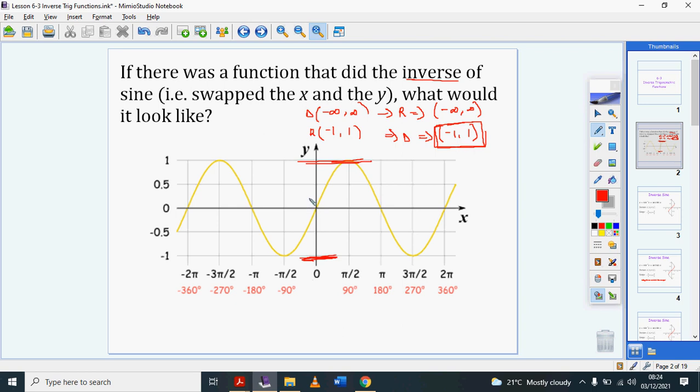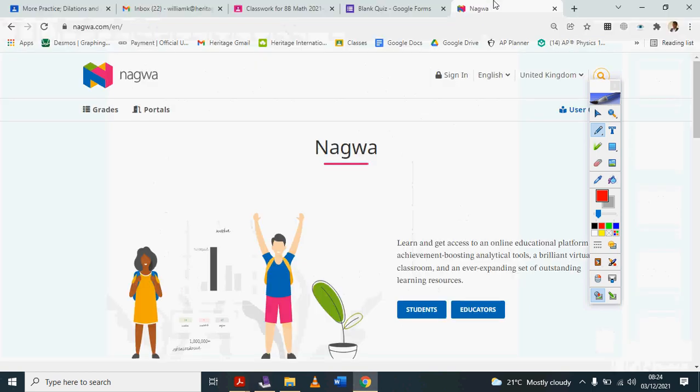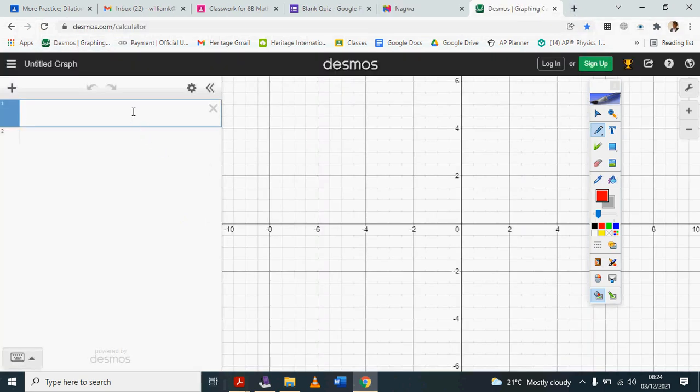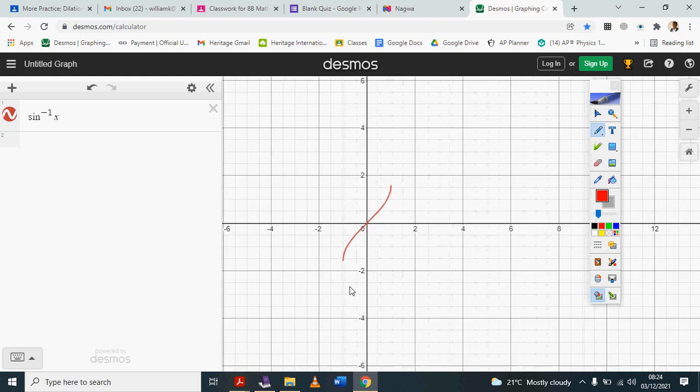So if I drew the inverse of this function, it would look something like this. Sine inverse of x would look something like that, right?